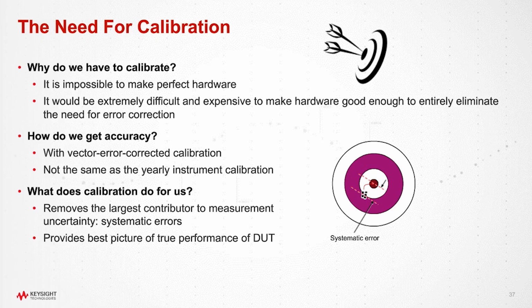All of this will affect the accuracy of your measurement, and we can recover some of this accuracy using what we call vector error correction or vector calibration. Now, when I say calibration, this is different from the calibration where you send your instrument into a metrology lab every year. This is an error correction or a calibration that you can do in your own lab very regularly. And this calibration that you do yourself will remove the biggest contributor to measurement error, which is systematic error. This will give you the best picture of your device under test.